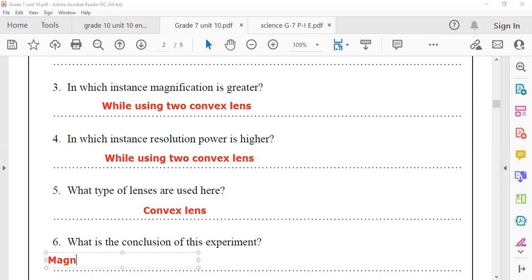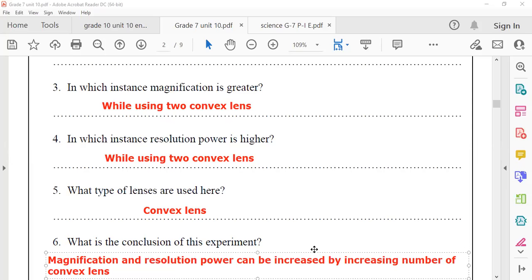What is the conclusion of this experiment? Magnification and resolution power can be increased by increasing the number of convex lenses. This is the longest answer you can read now, correct?